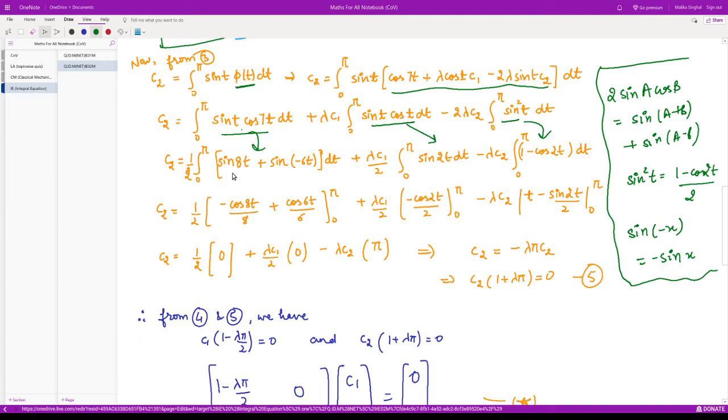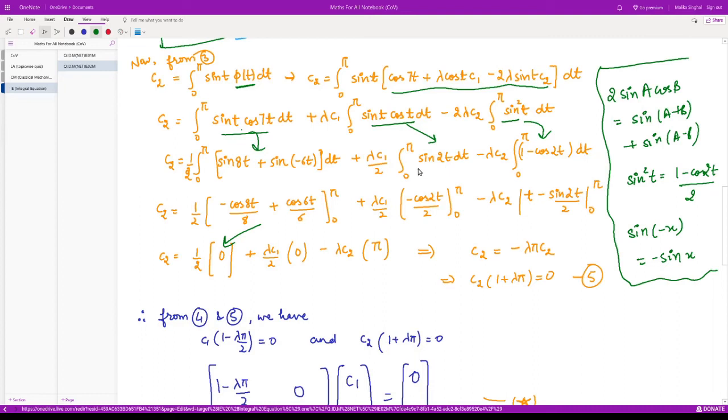So the integration of sine of minus 6t would have one minus out, and then one minus from the integration of sine 6t, so it becomes plus cos 6t upon 6. Limits from 0 to pi, let us put the limits. It would be cos 8 pi and cos 0, so 1 minus 1 would be 0, and here also cos 6 pi minus cos 0 would be 0. This term would be 0.